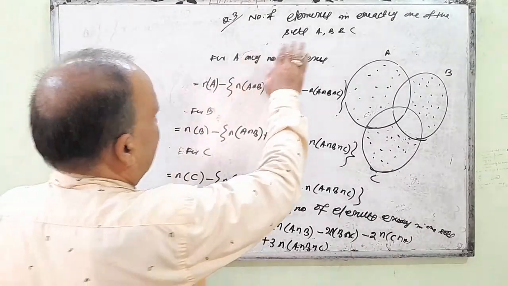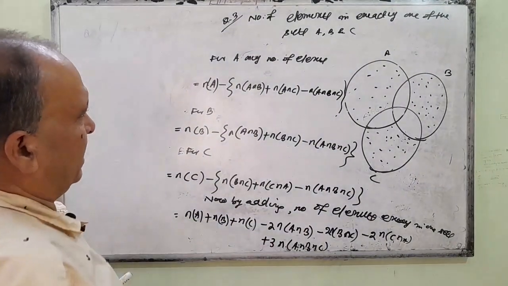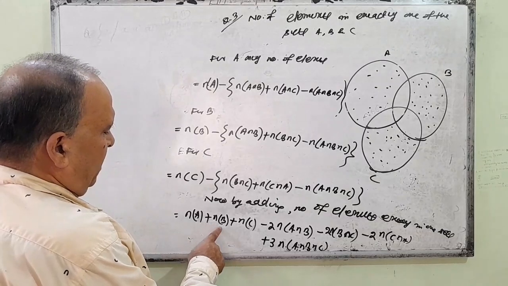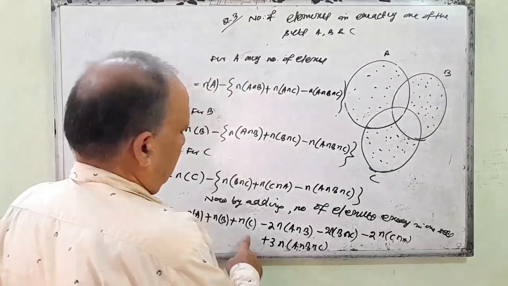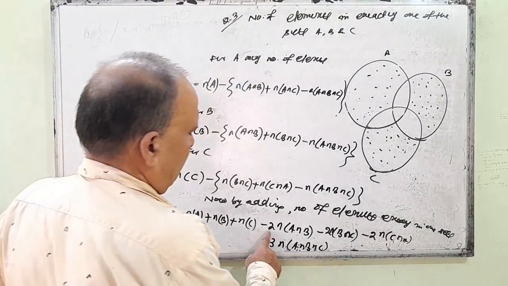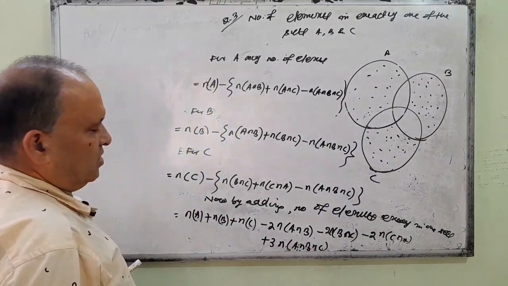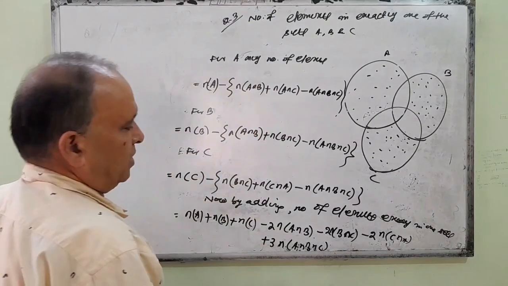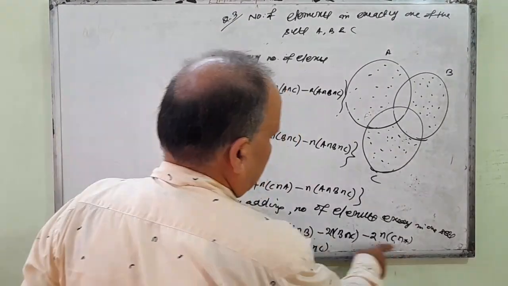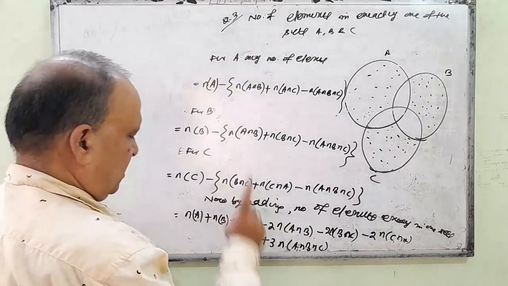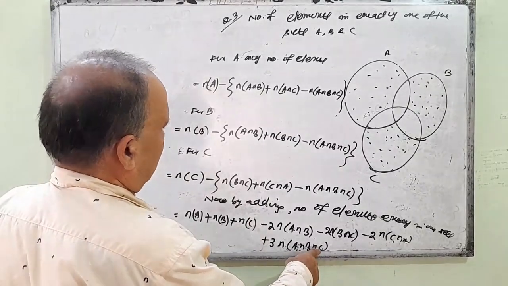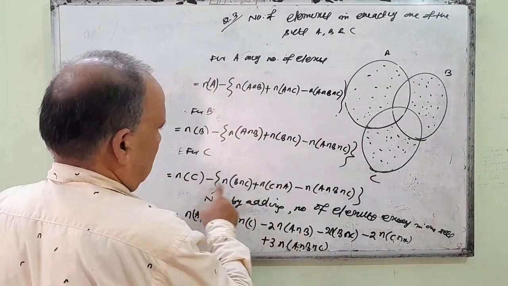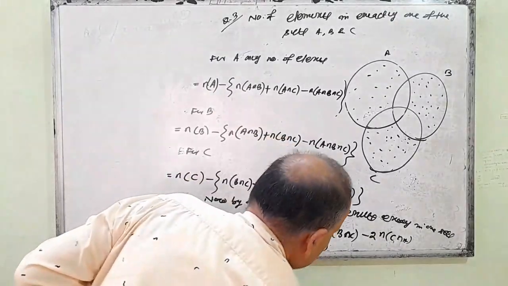So we can find number of elements in exactly one of the sets A, B, C is order of A plus order of B plus order of C minus 2 into order of A intersection B minus 2 into order of B intersection C minus 2 into order of C intersection A plus 3 into order of A intersection B intersection C, because these are minus minus plus and this is minus plus.